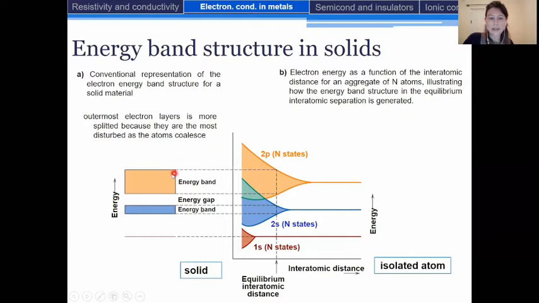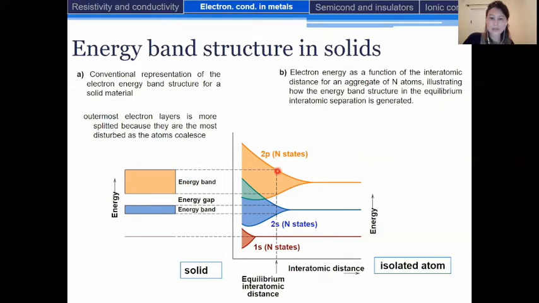As you can see in that case, this graph is similar to the previous ones that we introduced. And so we should consider what the equilibrium interatomic distance is. Let's say it is that one for these atoms.